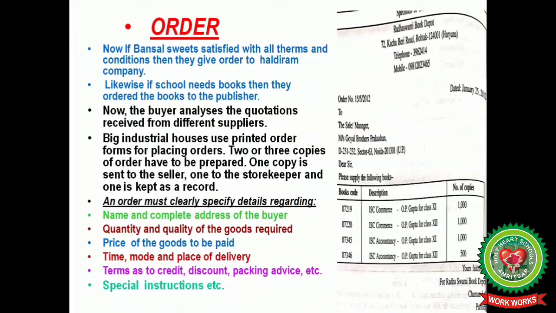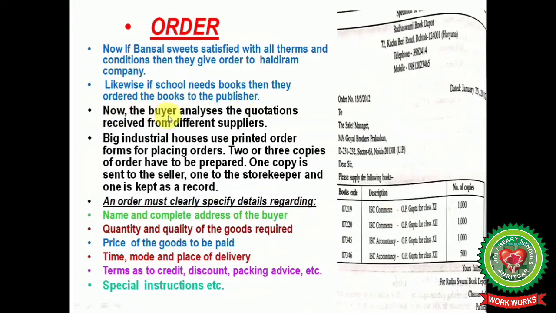Likewise, if a school needs books, then they order the books from the publishers. Like in this image, we can see that they will order +1, +2 books and the number of copies is 1000. In this way they place the order and this is called an order letter.